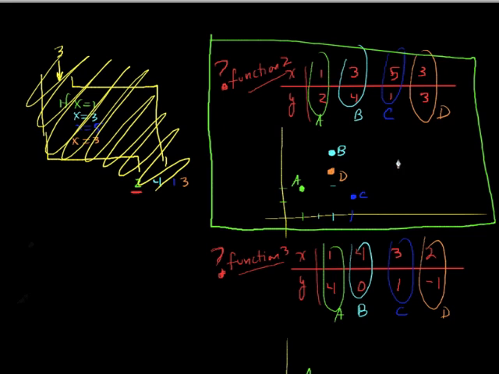And how do we see that graphically? You can see it by the vertical line test. Remember, a vertical line is one that goes up and down. If you put any vertical line here, that passes through 1 point. That passes through no points. That one passes through 2 points.